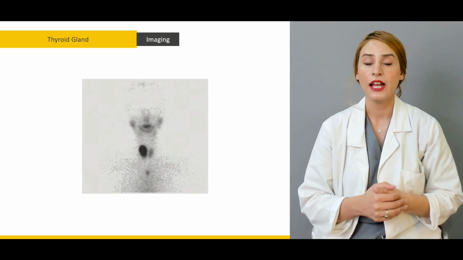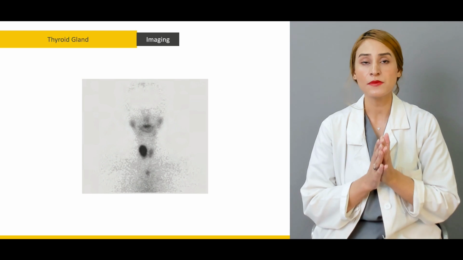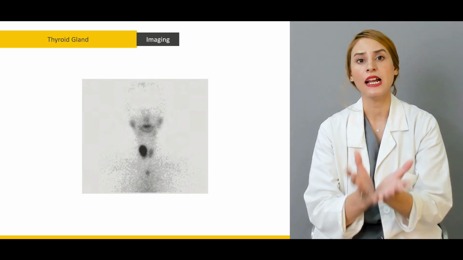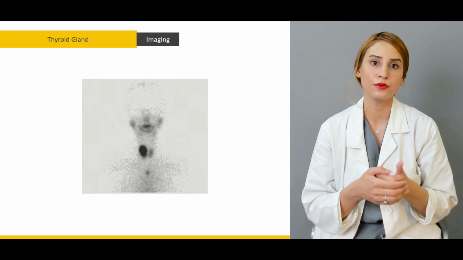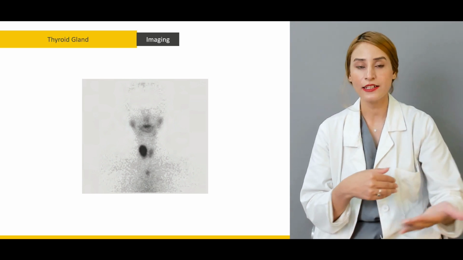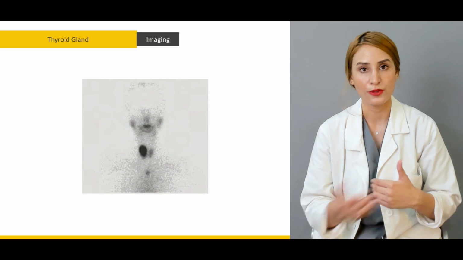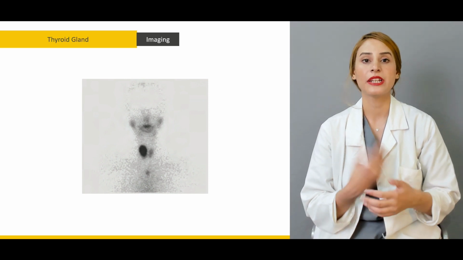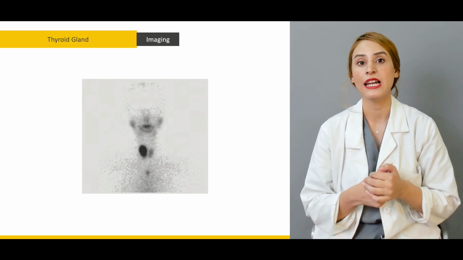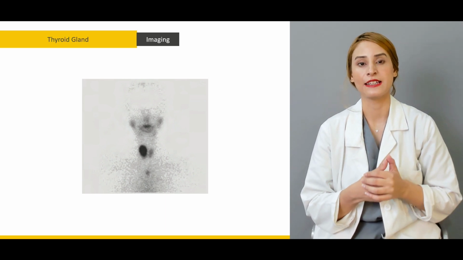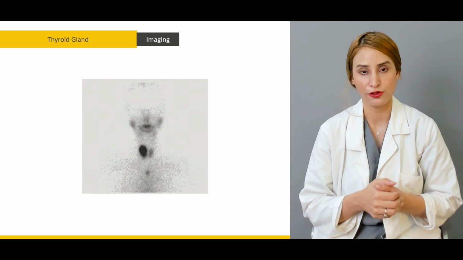I already showed you in the previous slide. But sometimes, to see the functioning of the gland, to see whether there's a hot nodule or a cold nodule, I'll tell you in detail later on what a hot nodule or a cold nodule is. But in order to see the functioning of the gland, we order iodine 131. That is basically radionucleotide scanning.